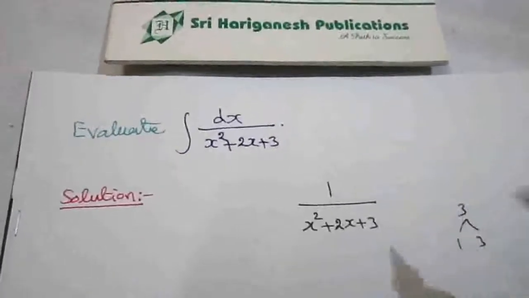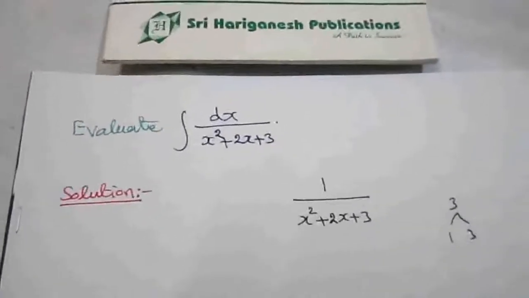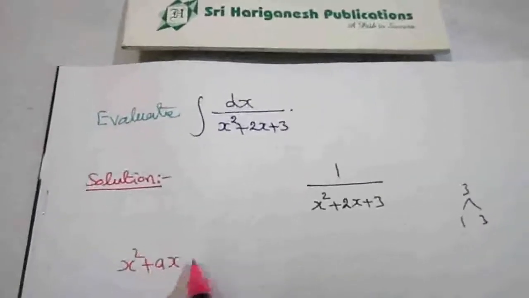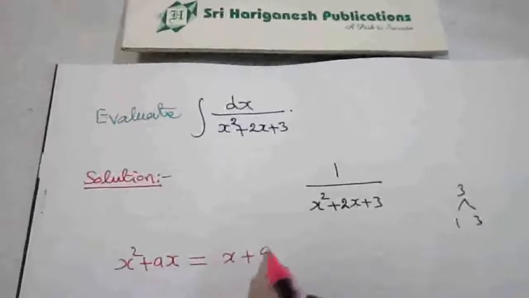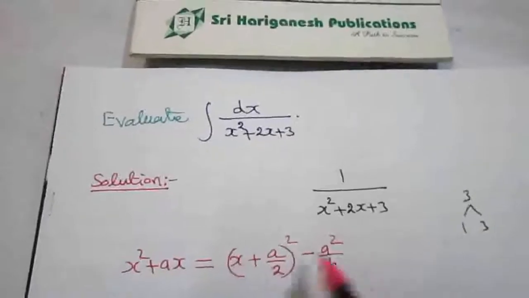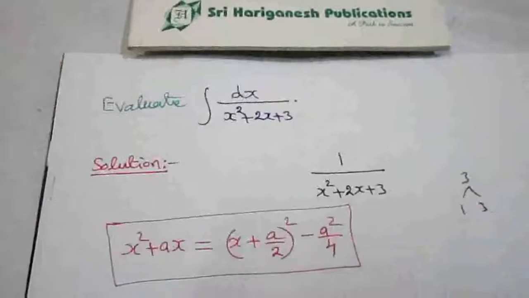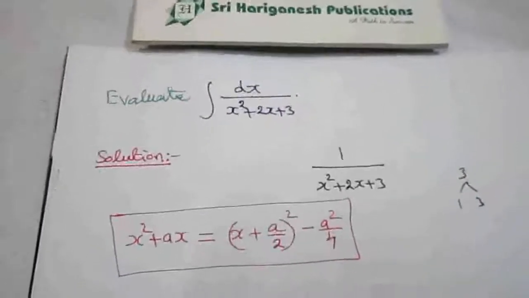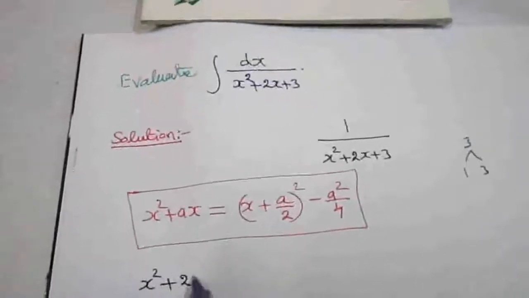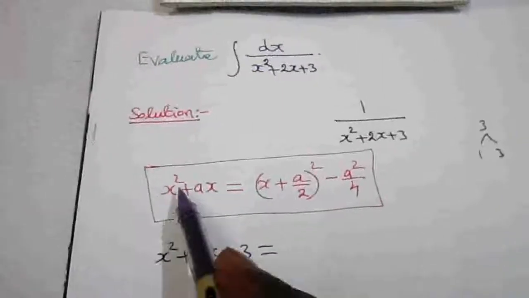So I am going to apply the second method, the perfect square method. Already you know the formula for perfect square: x square plus ax is equal to x plus a by 2 the whole square minus a square by 4. By using this formula, I am going to convert this quadratic equation to a perfect square. The denominator x square plus 2x plus 3 is equal to, use the formula x square plus ax.